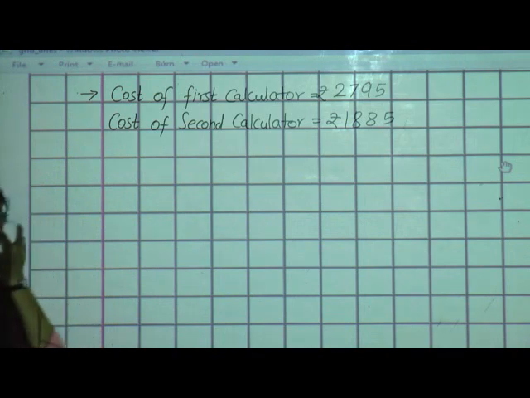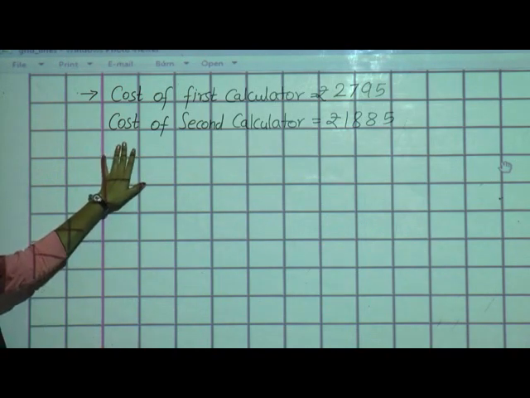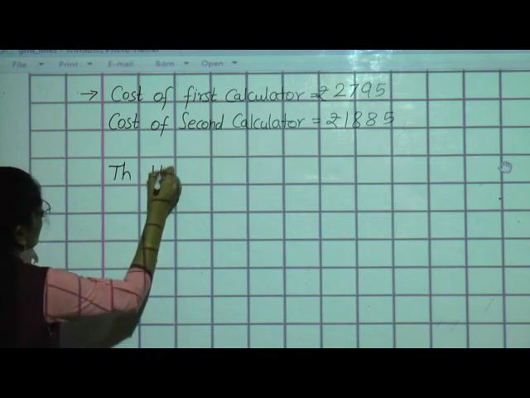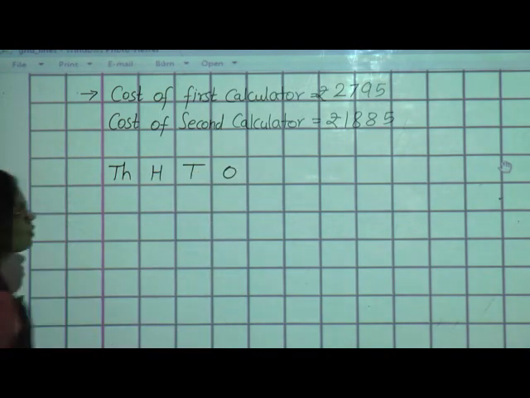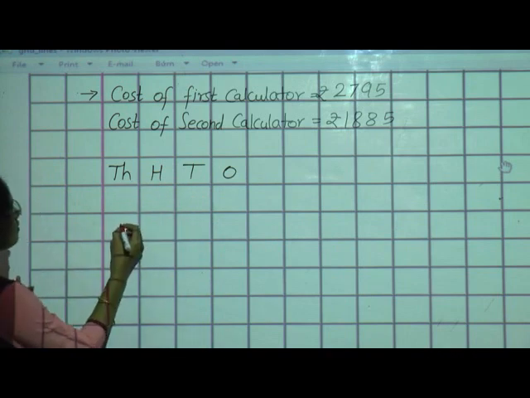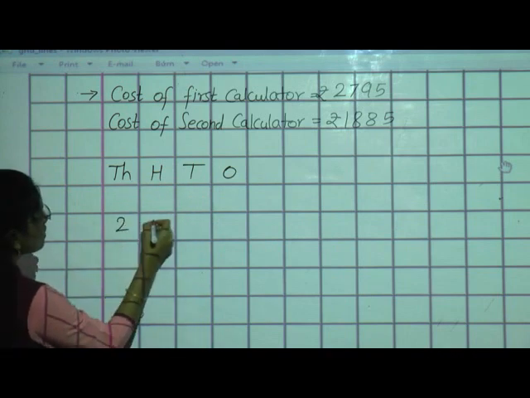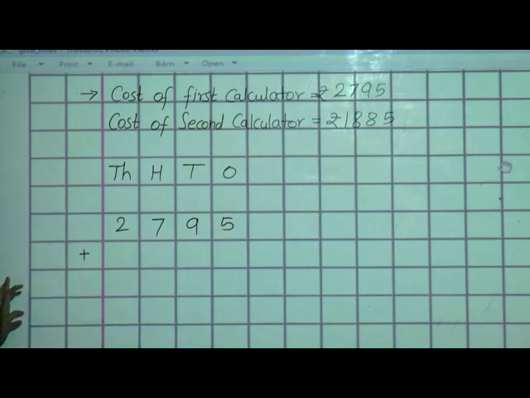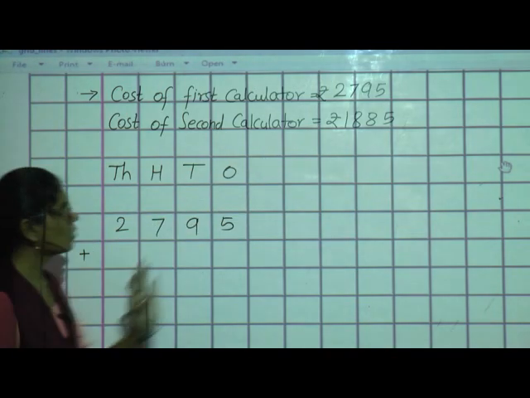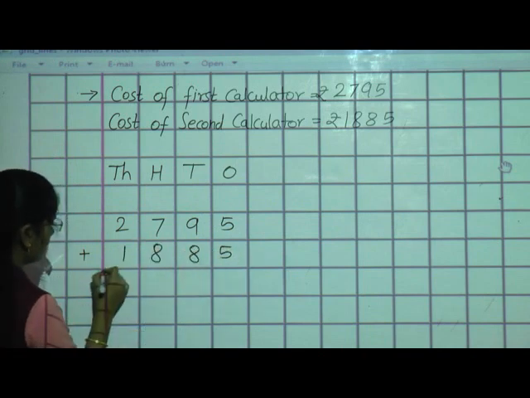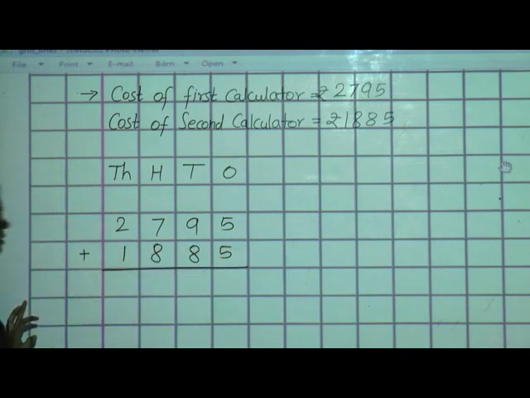How much did he pay in all? For that, first we will do the addition. So draw the place value chart and put the values in it. Leave one line for the carry. The first number is 2795 plus the cost of the second calculator, 1885. Now we will add these 2 numbers.